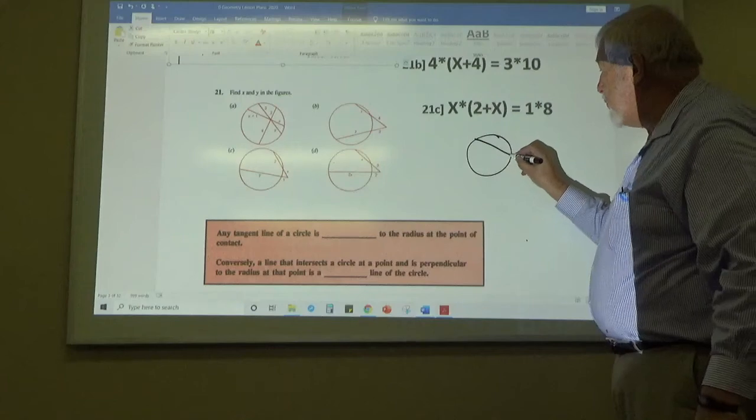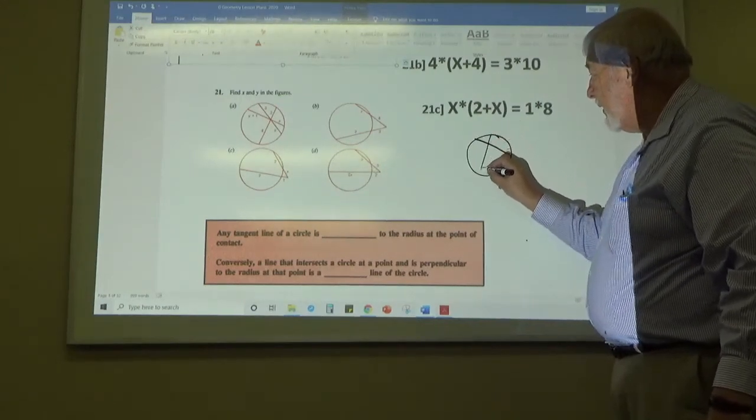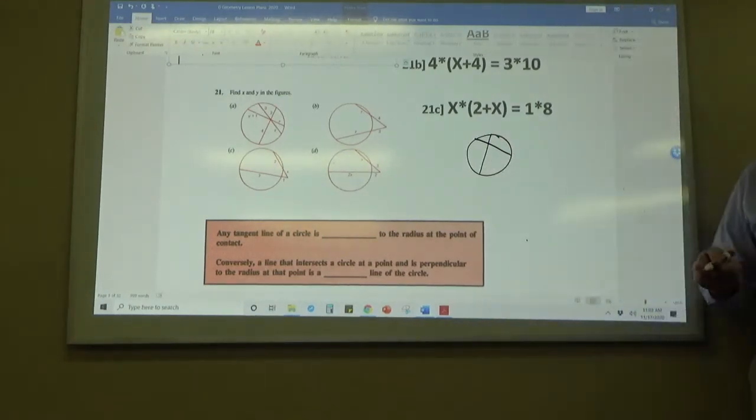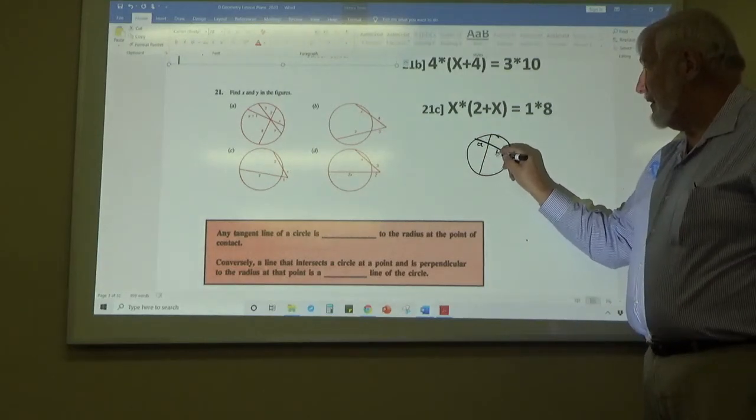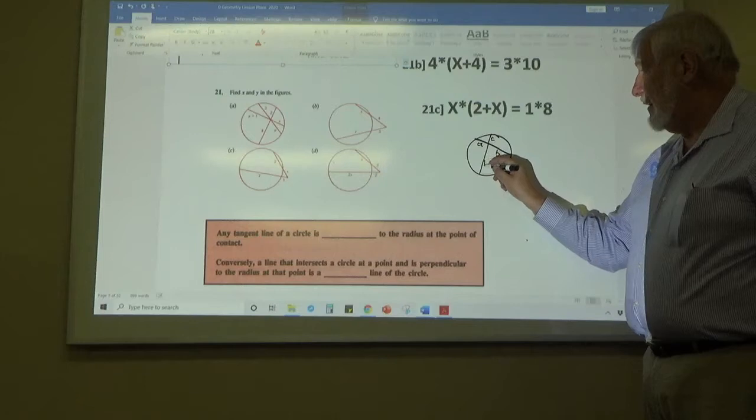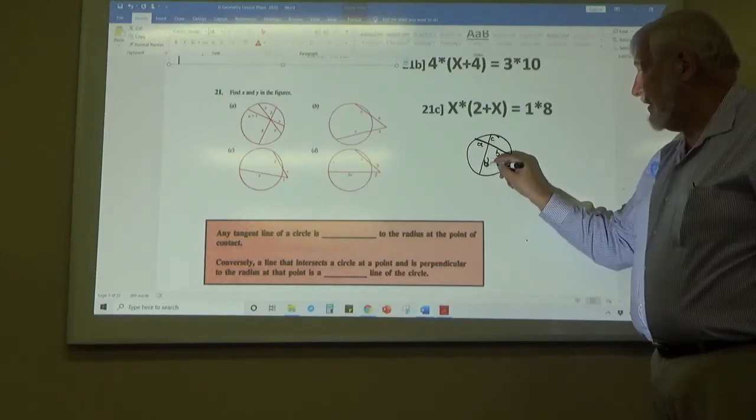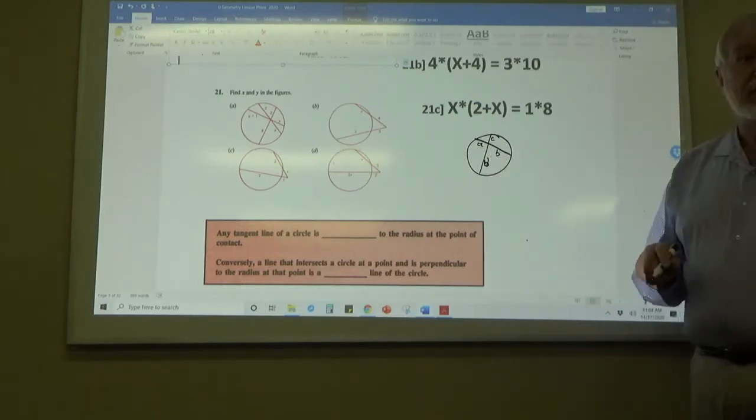If the chords break like this, and this is A, this is B, this is C, and this is D, what's my math?